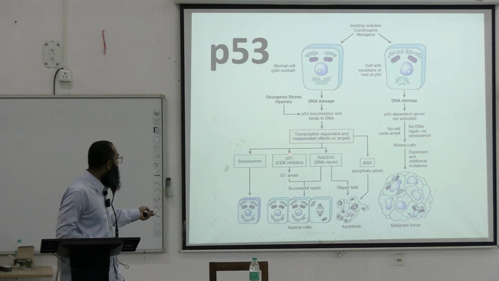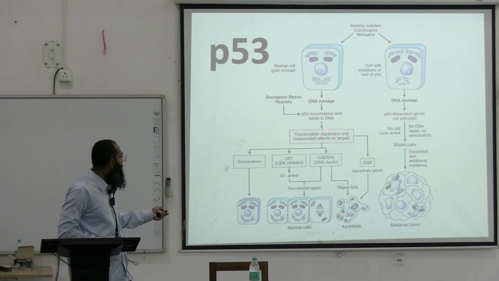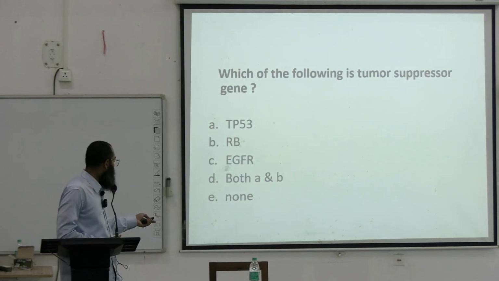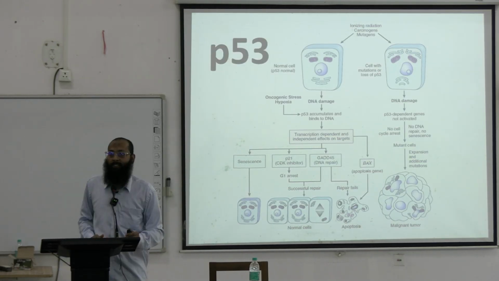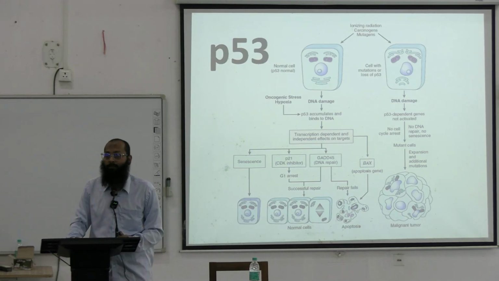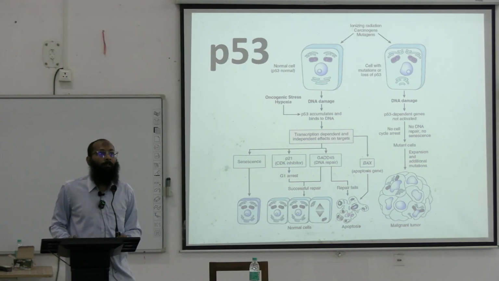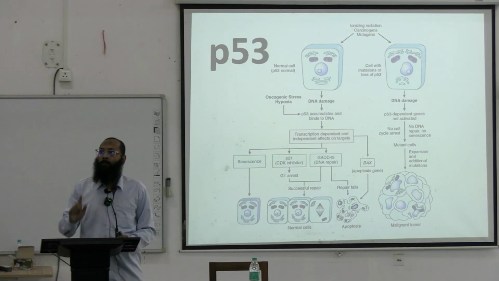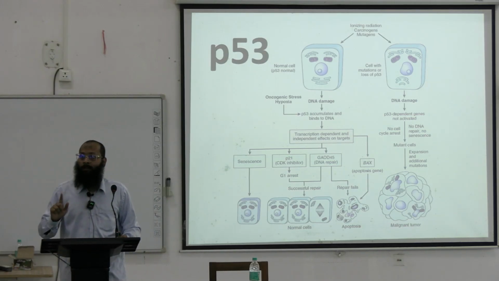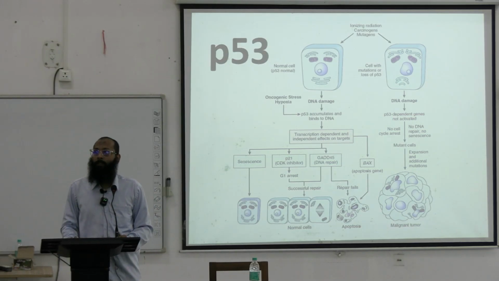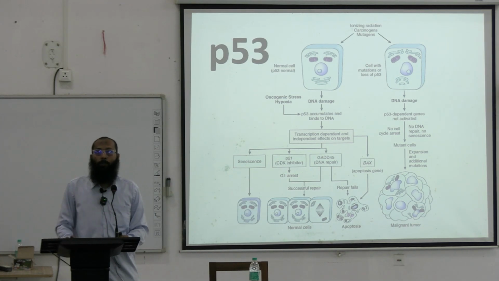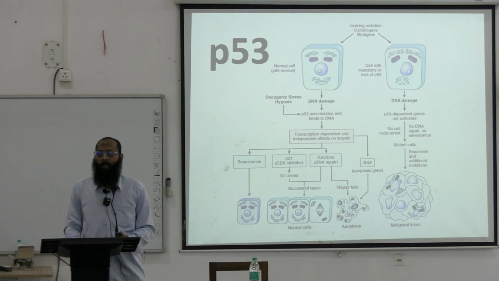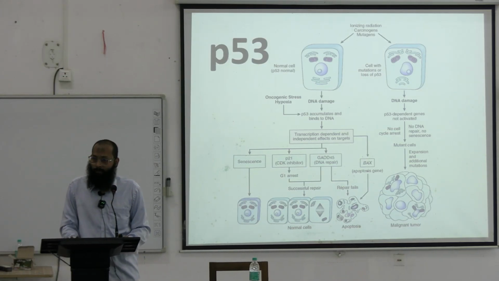If too much p53 accumulates in the cell, it will stimulate the Bax gene. What is the function of this Bax gene? Apoptosis. Yes. So if the mutation can't be corrected, the p53 will do the apoptosis of this cell. Okay, sit down. This is the function of p53 protein. Clear?